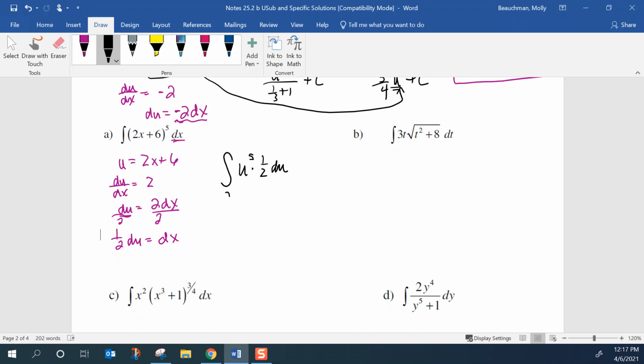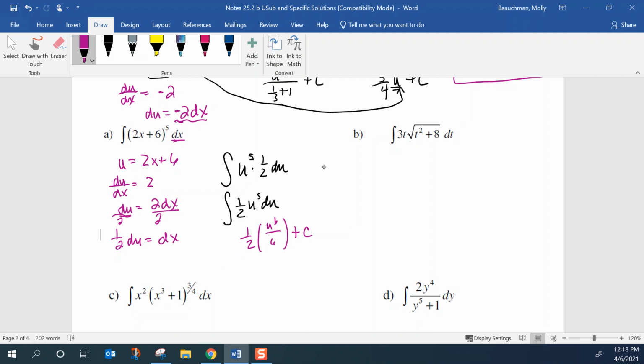So you can rearrange this, rewrite it as 1/2 times u^5 du, so it's written in a little bit more familiar way. And now you can take the integral, use the property. So now we have 1/2 times u^5, 5 plus 1 would be u^6 divided by 6, plus the arbitrary constant.